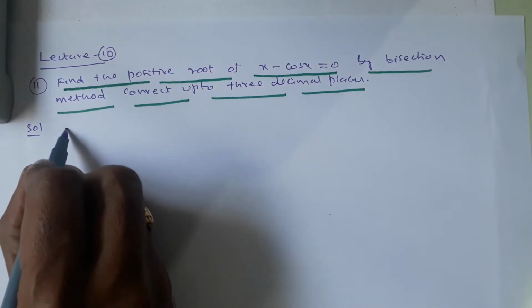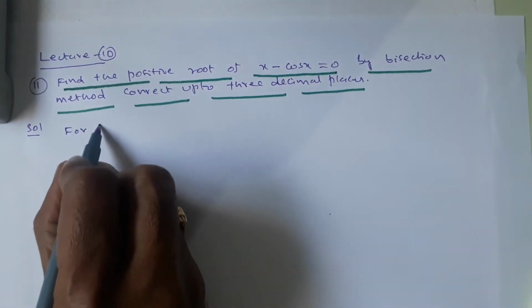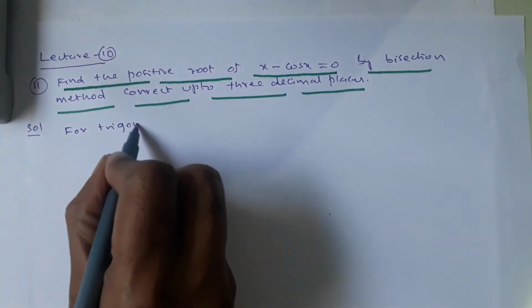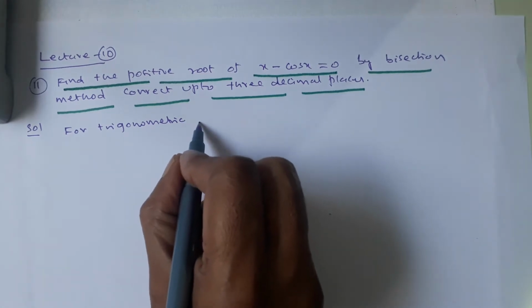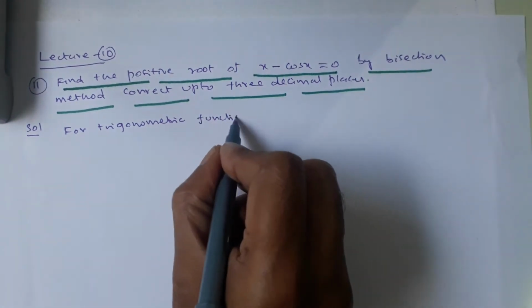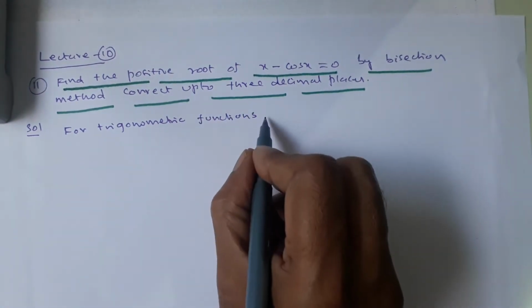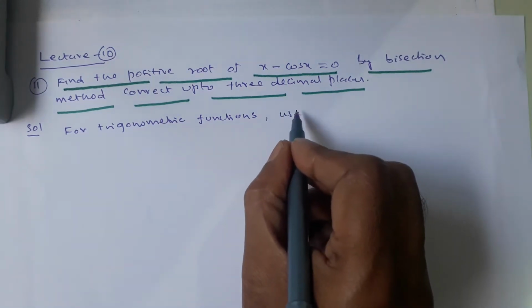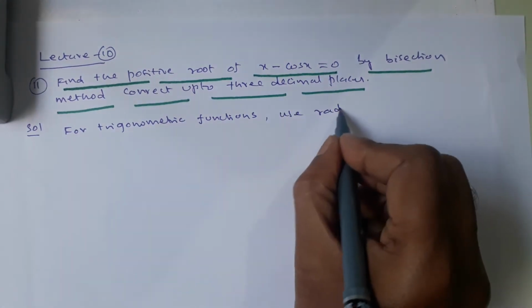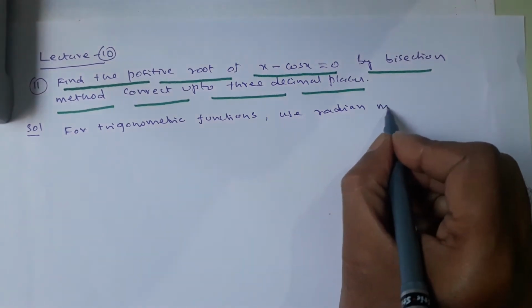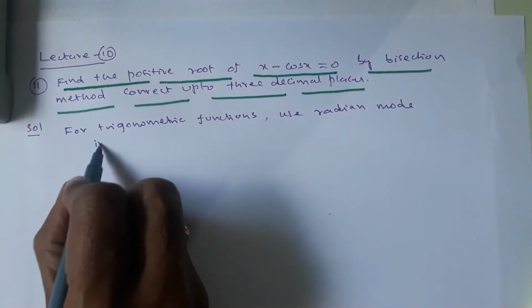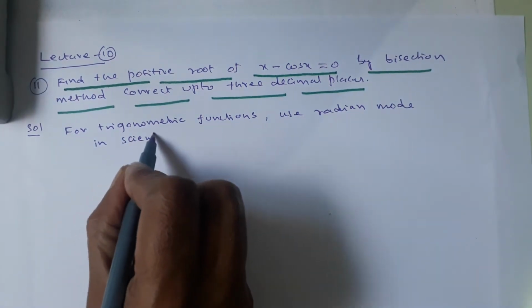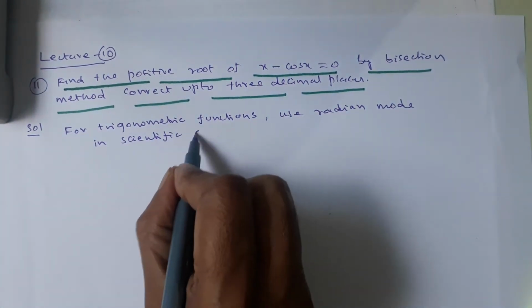For trigonometric functions, use radian mode in the scientific calculator.